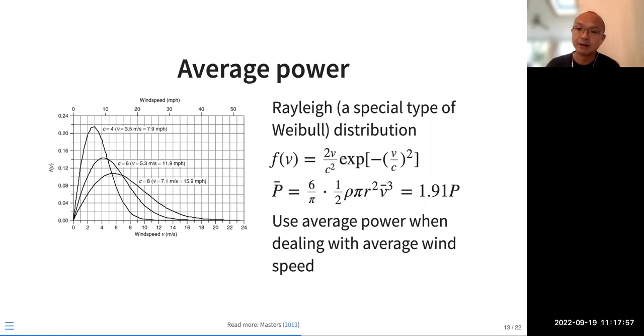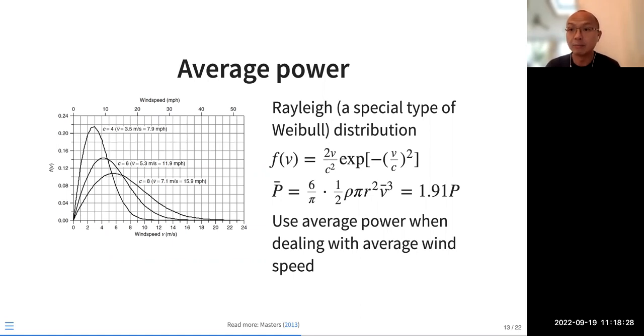So the average power is about 6 divided by pi. If we use average wind speed in the instant power, that means if we use average wind speed, we have to multiply by 1.91 to get the average power.